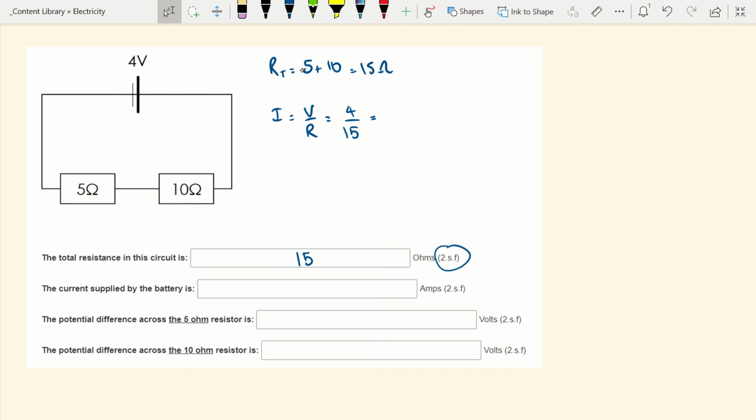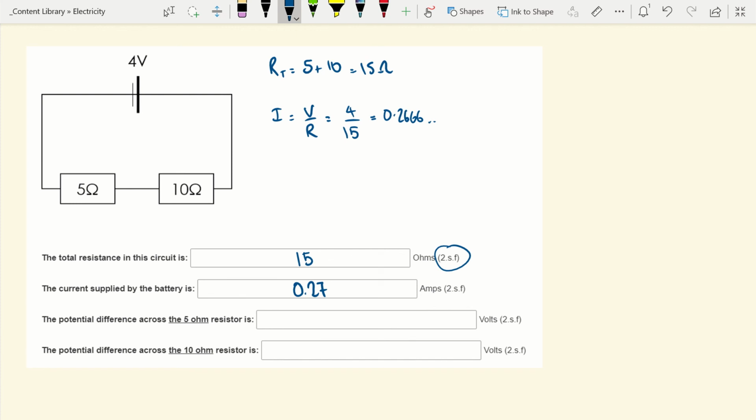That gives me 0.2666, and so on. But we want it to two significant figures, so we're just going to write 0.27 amps in there. A few people rounded that to 0.26 for some reason, but that'd be 0.27. And I don't need to write the unit because we've been given the unit already with our answer.